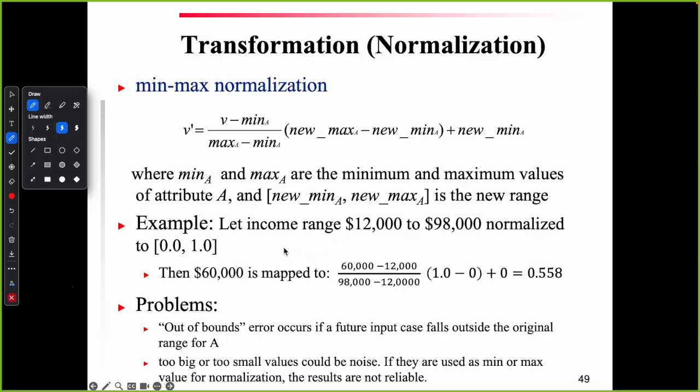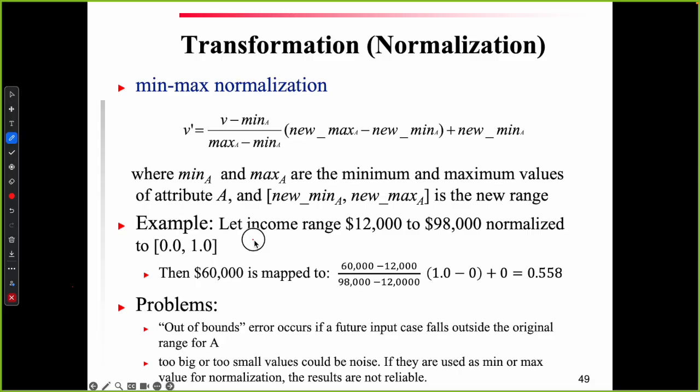So this could be, for example, values like 12,000, and then 50,000, 35,000, and then 48,000, 60,000, and then 98,000.